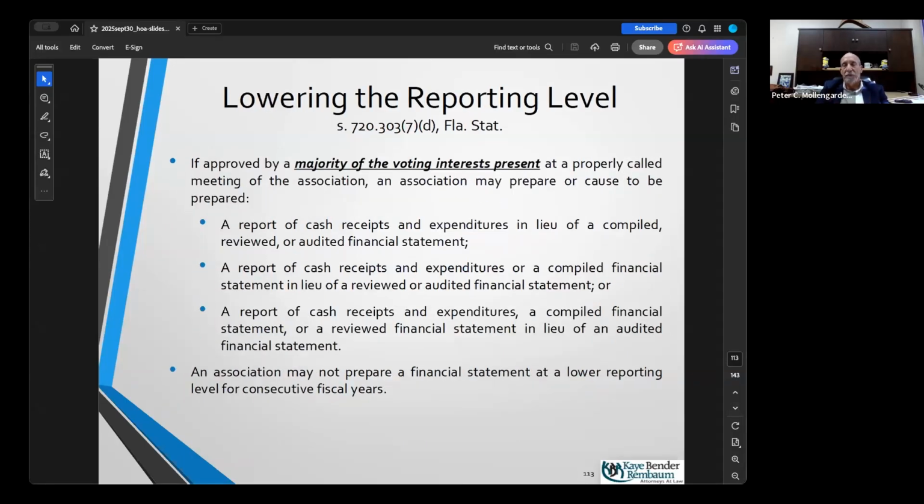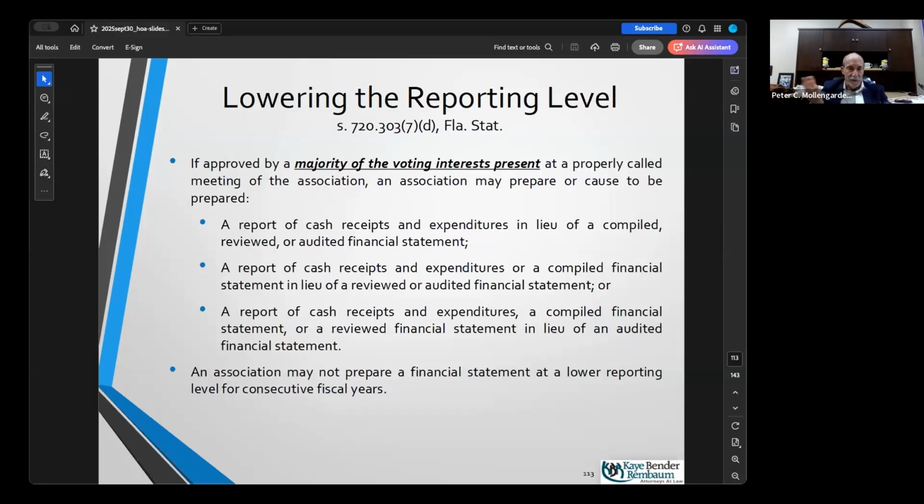This is more typical, where the level is potentially lowered or reduced. In other words, from an audit on down, review on down, compilation, whatever. So if approved by a majority of the voting interest present at a meeting in which a quorum is obtained, you can prepare a report of cash receipts and expenditures instead of a compilation, review, or audit.